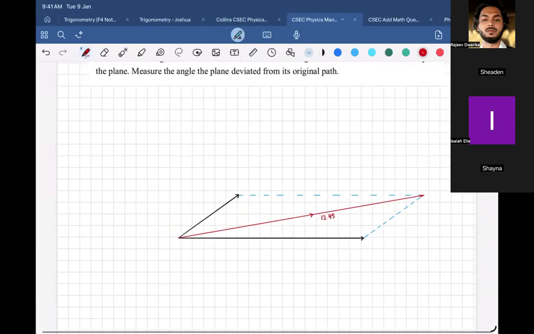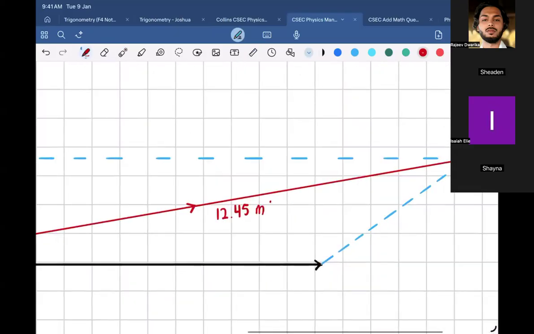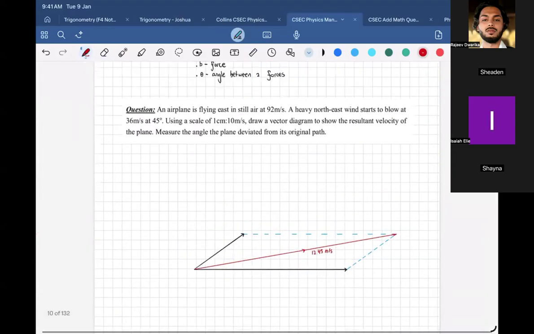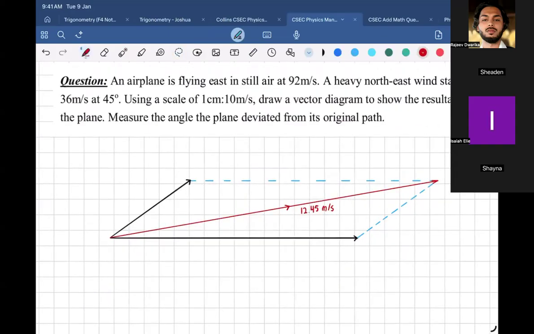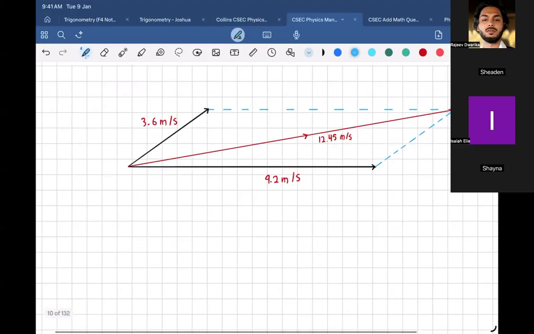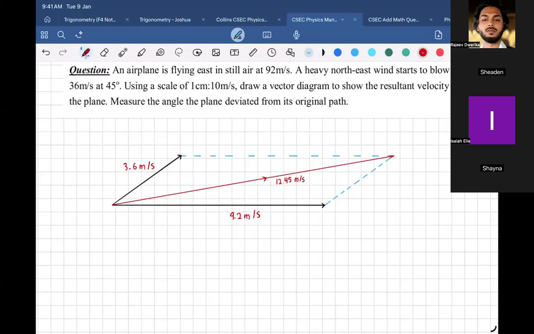Right? And I'm going to put, this is going to be 9.2. Okay.